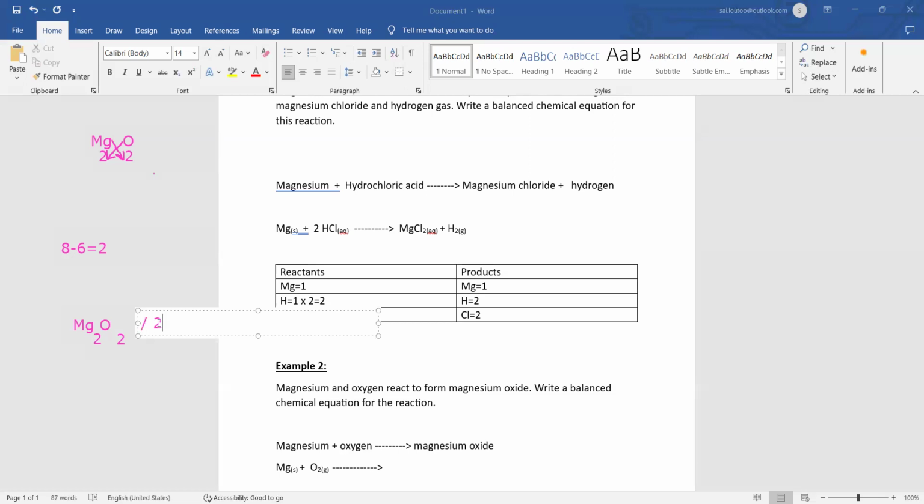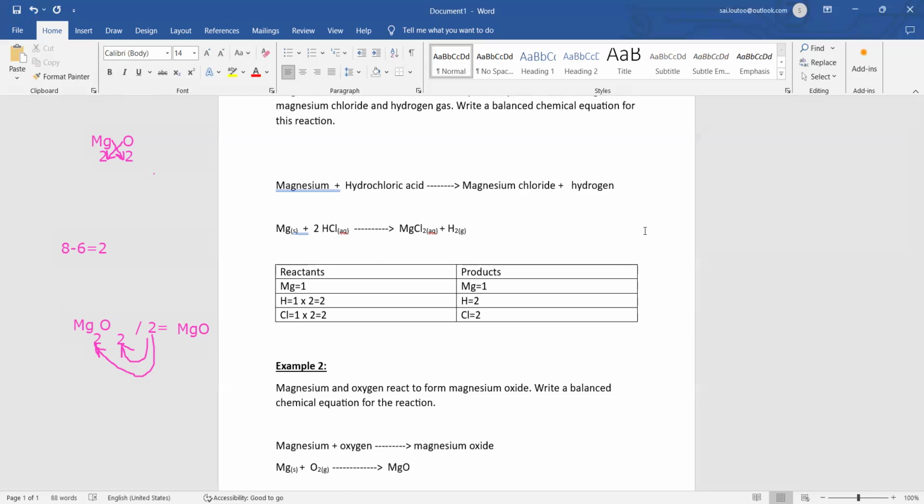So you divide by 2 to get a smaller number. Stay with me. 2 into 2 magnesium is going to give you 1. 2 into 2 oxygens is going to give you 1. So your final formula for magnesium oxide is MgO. Y'all with me so far? Yes, miss. Nice, good.